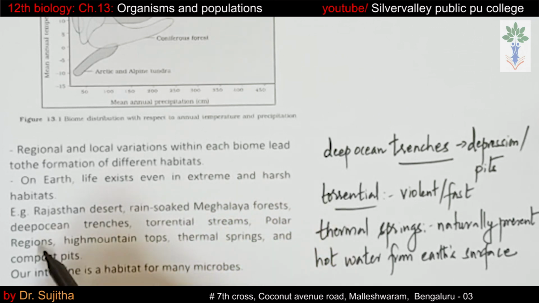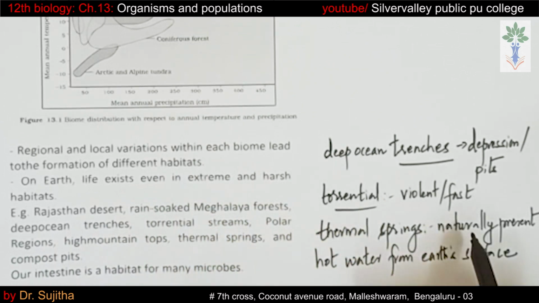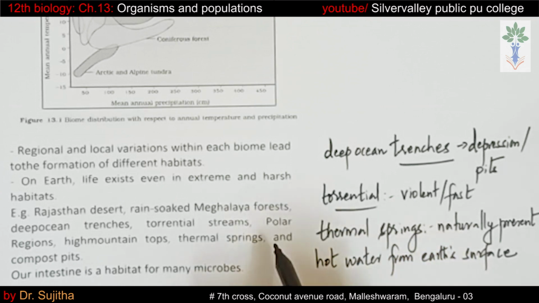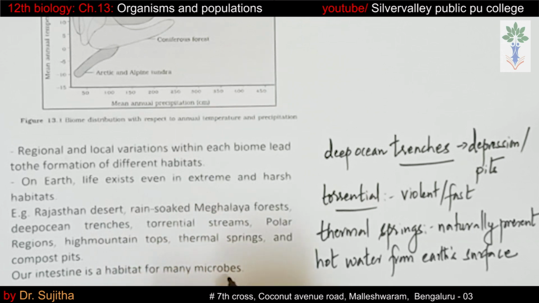Polar regions, which are very cold. High mountain tops. Thermal springs. Thermal springs means naturally present hot water from the earth's surface, and the compost pits. Apart from this, life also exists in our small intestine, which is a habitat for many microbes.